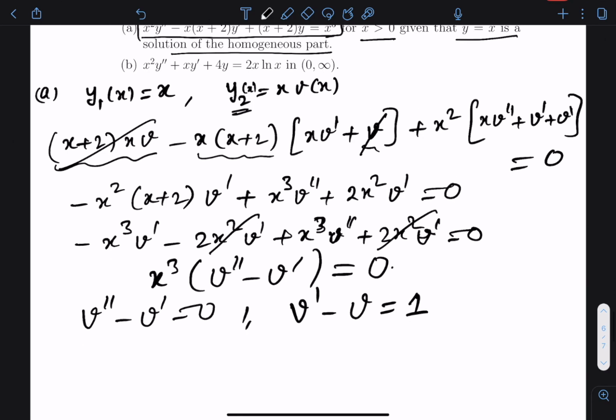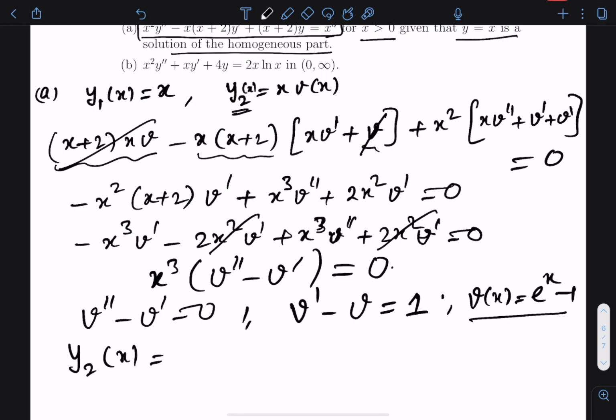Then if you integrate once more, you are going to get v of x to be e power x minus 1, right? Because it's log of 1 plus v, derivative of log of 1 plus v, you integrate that, and that's what you get here. Okay, so once you have found v, you have found y2. y2 is precisely x times e power x minus x, right?